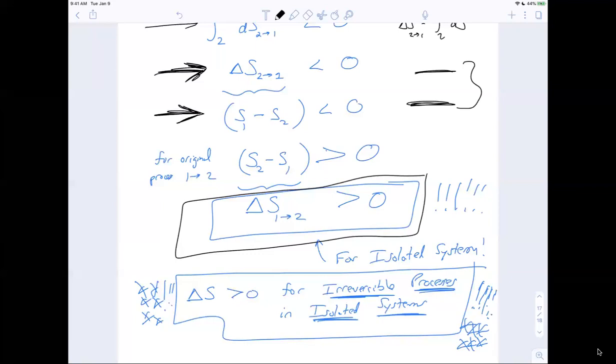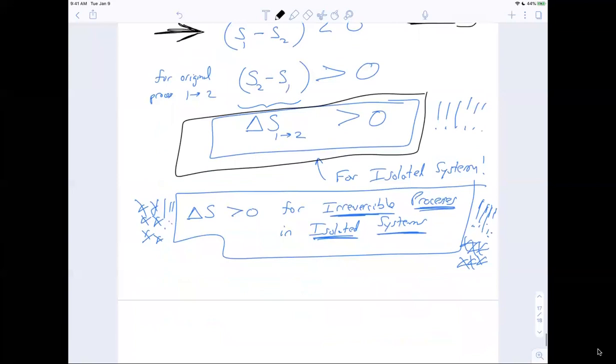And of course, this is in fact a very profound result. It's not that I think it's important, it's very profound. Any physicist or scientist realizes this, that the entropy change for an irreversible process, for an isolated system, is greater than 0. We have to say all of these words because that was the experiment that we did. To just say that entropy is greater than 0 would not be correct because we have to specify every single point of the experiment that we did.